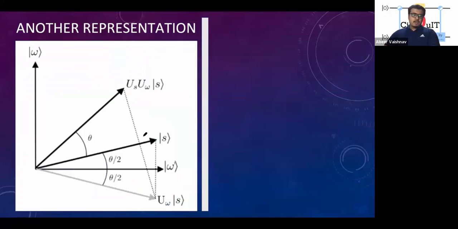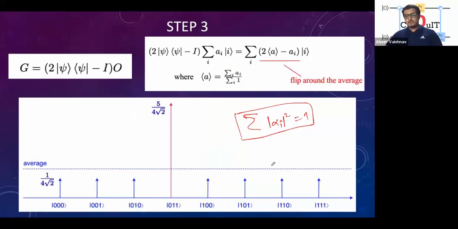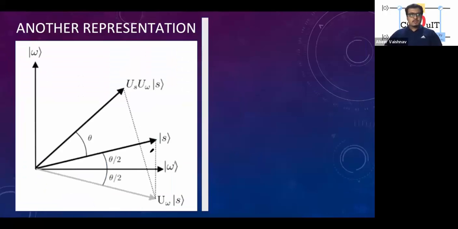This is one of the other representations that we can do. One representation was this, where we show the amplitudes for each state. Another representation is something known as the phase diagram. Here omega is our marked state, and this omega is orthogonal to all the other states, omega prime. Omega is the marked state, which in the previous case was 0, 1, 1, and all the other states, that is 0, 0, 0 and 0, 0, 1, etc., are this omega prime.